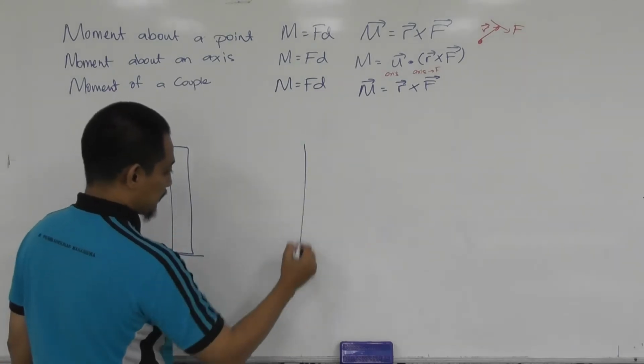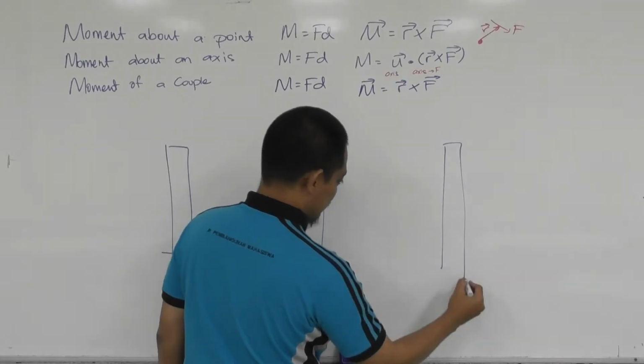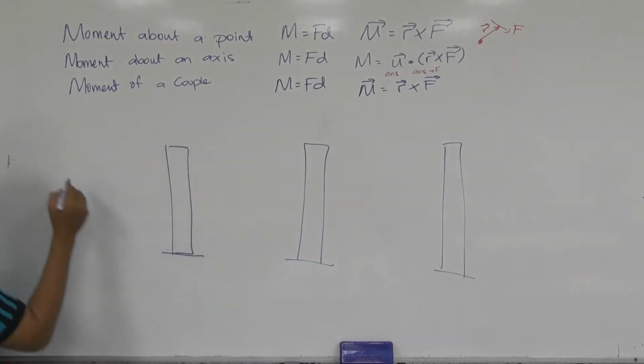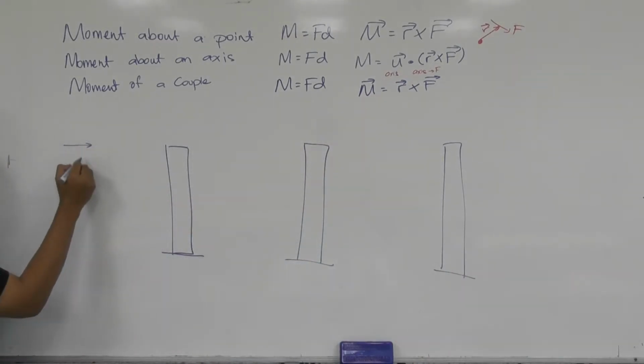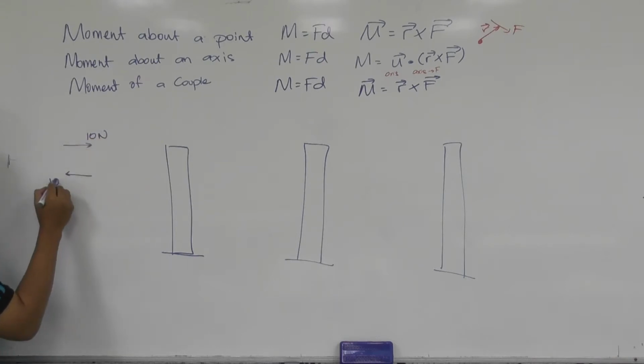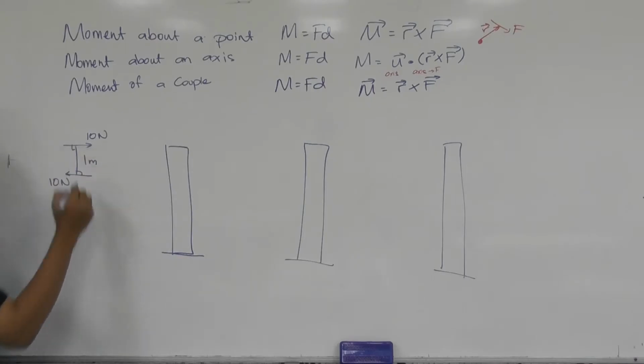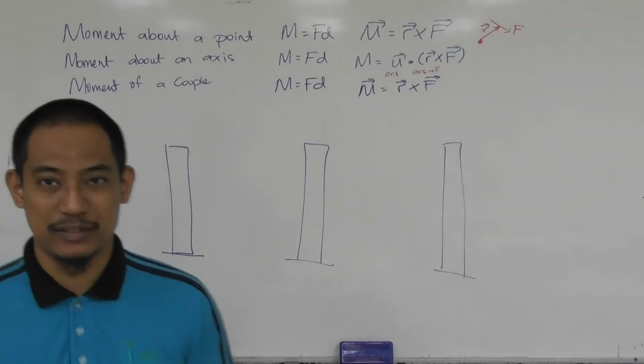Okay, this is the same pole or same structure, let's say. And let's imagine this couple, where we have the same value, let's say 10 Newton at a distance of 1 meter, right? So hopefully you can see that one.